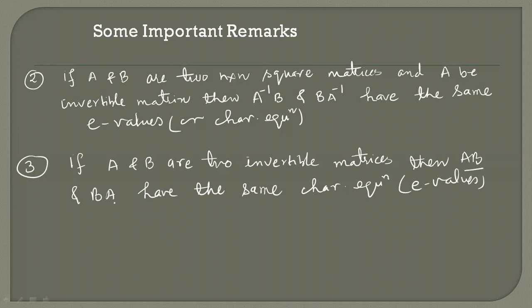In that case, AB and BA both have the same characteristic equation. So these are some important remarks based on characteristic equations. Now, what is Cayley-Hamilton theorem? Very important theorem.